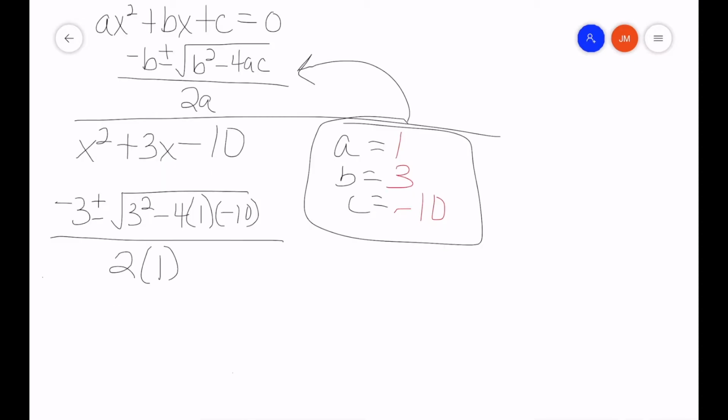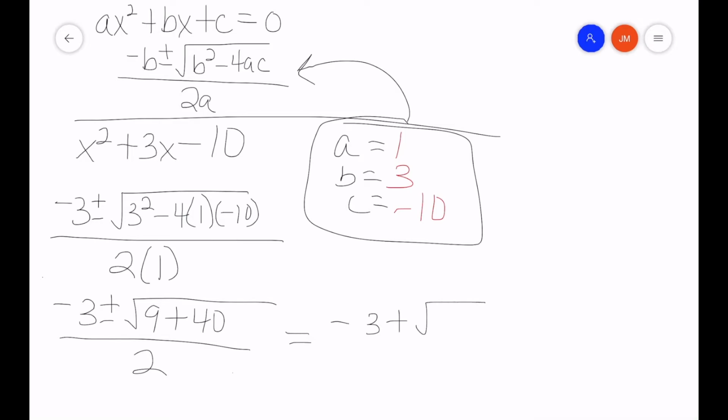So if we simplify this, we're left with negative 3 plus or minus the square root of 9, and negative 4 times negative 10 is 40, so plus 40, divided by 2, which equals negative 3 plus or minus the square root of 49 over 2, which equals negative 3 plus or minus 7 over 2, since we know the square root of 49 is 7.